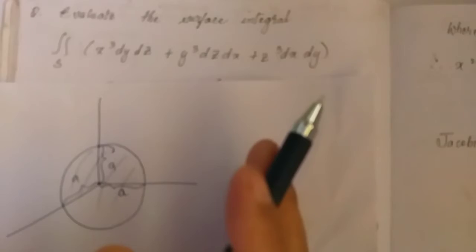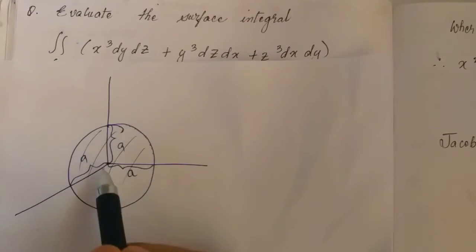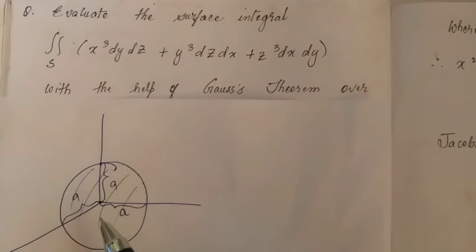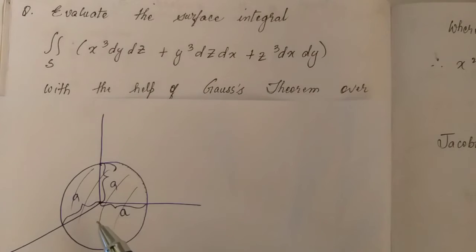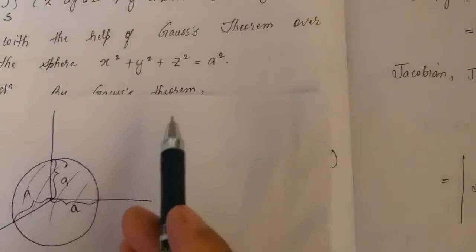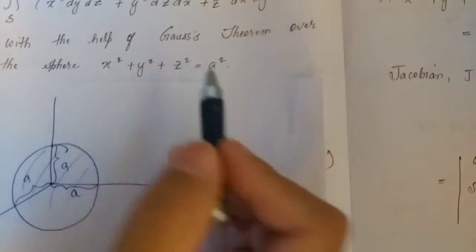S is the exterior surface of this sphere. If you find out using S, then you have to find using the exterior surface of this sphere, which is represented by this equation.